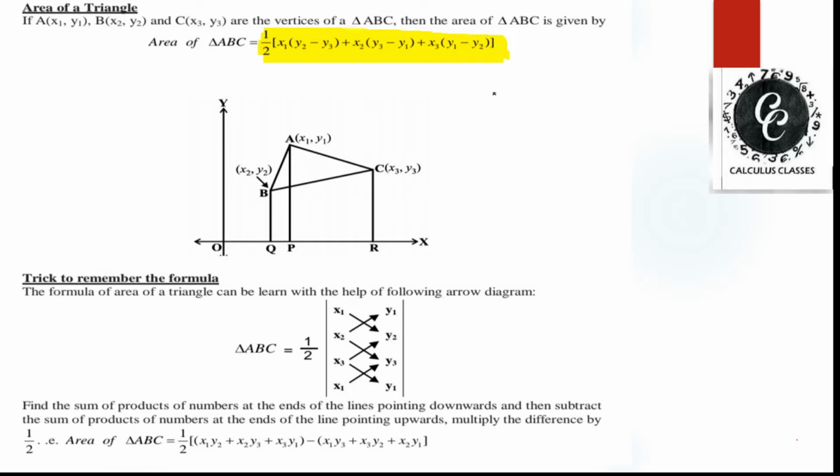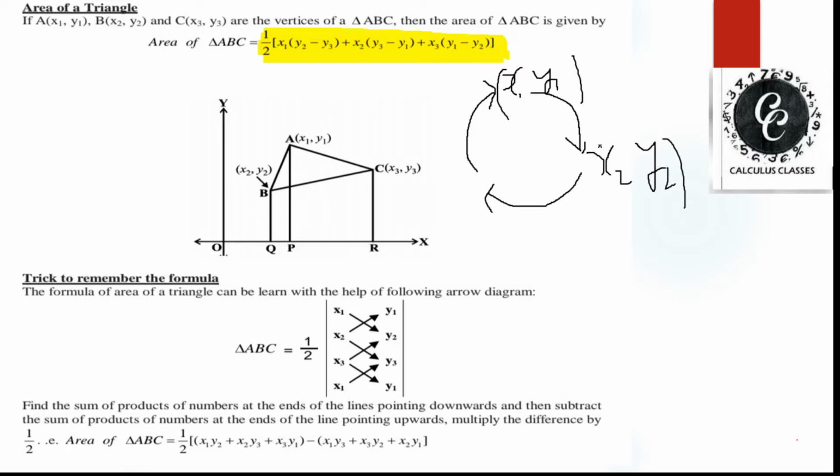You have to learn three things. One is the cyclic concept, the cyclic order. I took x1 and y1, this is x2 and y2, and this is x3 and y3.